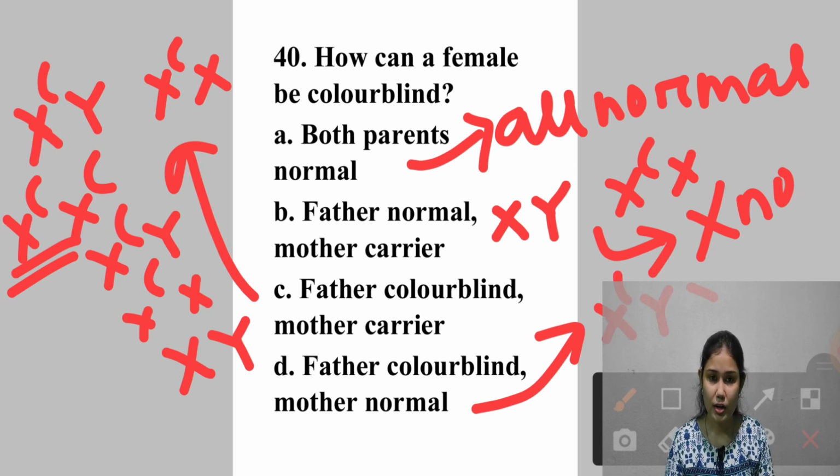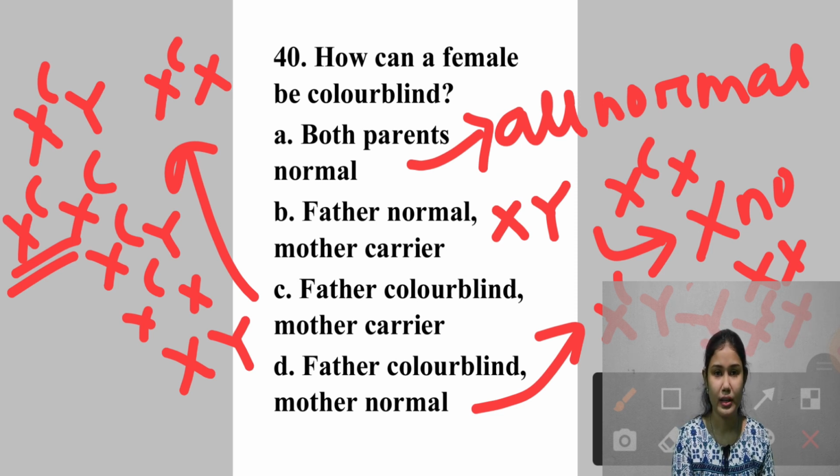सो इसका क्रॉस अगर हम करेंगे देन the daughter will be carrier and the son will be normal. Okay, तो हमें ये चारों में से कौन से ऑप्शन में हमें कलर ब्लाइंड फीमेल दिखाई दिया?